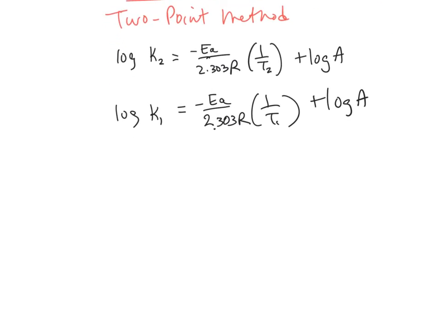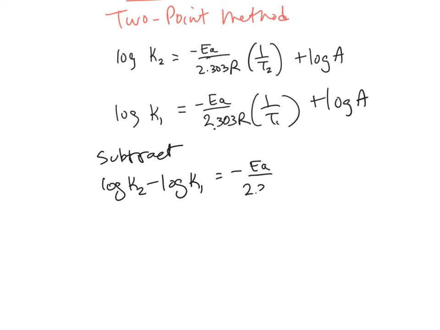The next step here is to subtract the logs. And we're going to say logarithm k2 minus logarithm of k1 would be equal to negative Ea over 2.303R times 1 over T2 minus 1 over T1.